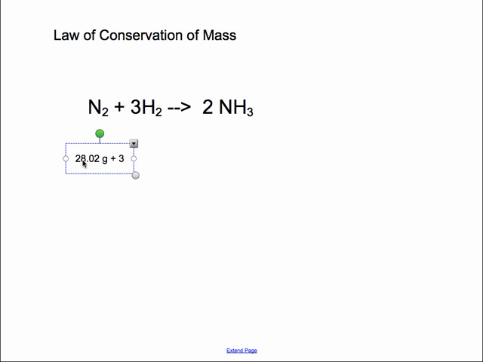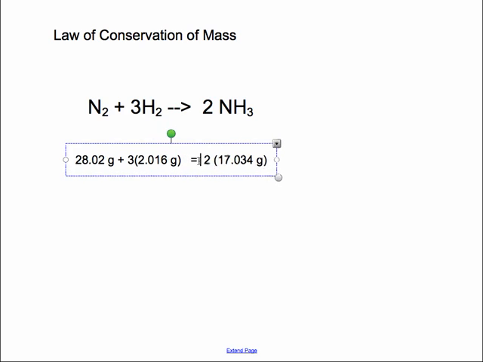And then it would be 3 times the molar mass of H2, which would be 2.016 grams. And that should equal 2 times the molar mass of NH3, which is, let me look that up, it's 17.034 grams.